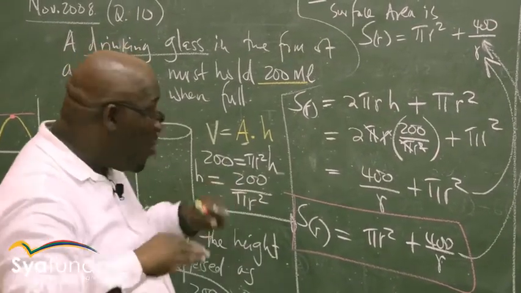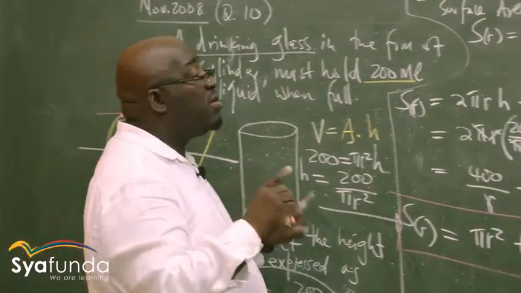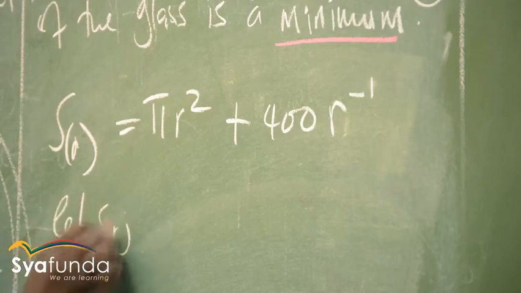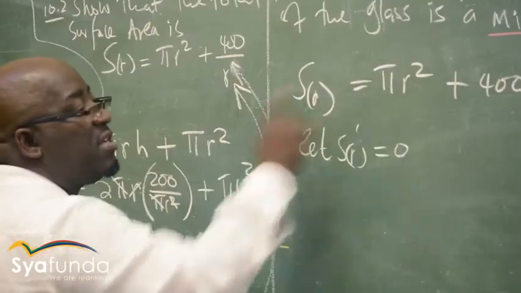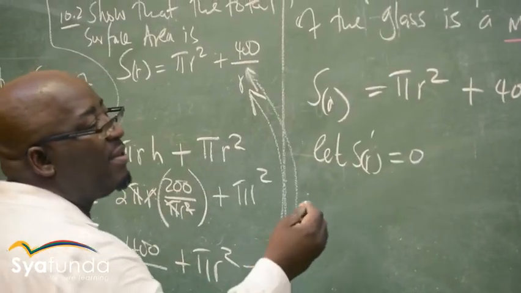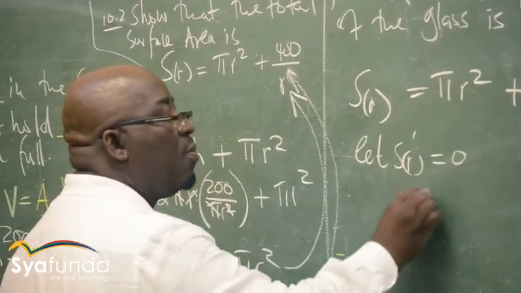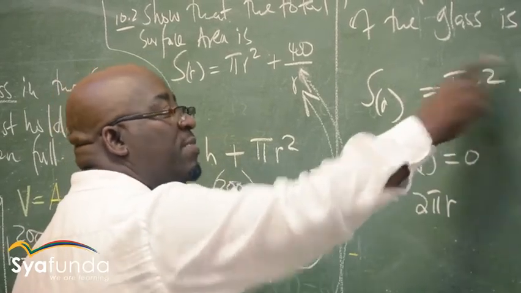Where it is minimum, we know that the gradient will be 0. So in other words, we let our derivative equal 0, because at that point, it is minimum. Let's quickly find the derivative there. It will be 2 pi r, because it's 2, then we subtract 1 there.